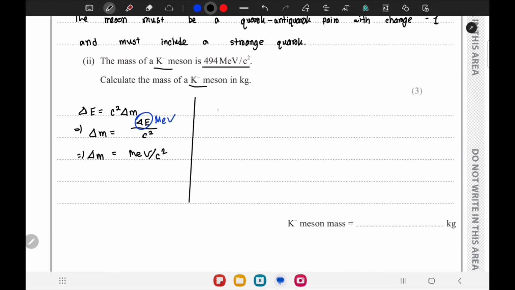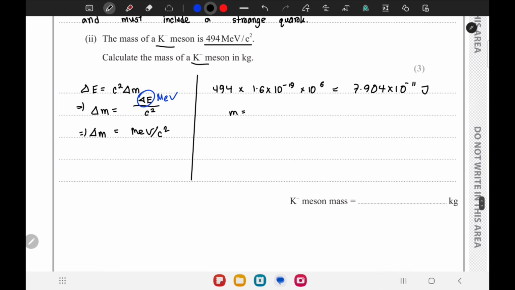Now at first we have to change this 494 mega electron volt into joules. So we have to multiply it with 1.6 into 10 to the power minus 19. This is mega, so we'll have a 10 to the power 6 over here. So 7.904 into 10 to the power minus 11 joules.